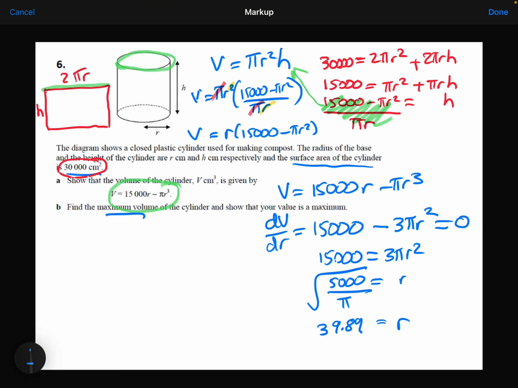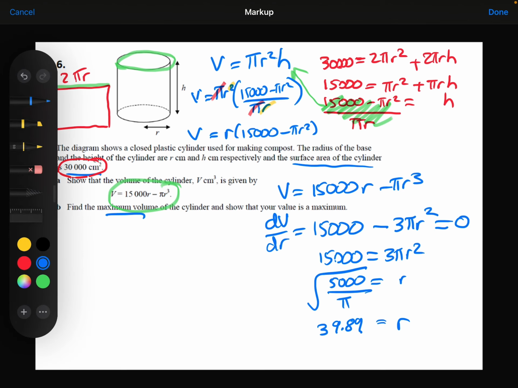So that's the value of the radius that gives the maximum volume. To get the maximum volume, I'm going to substitute R back into the equation here to work out the maximum volume.